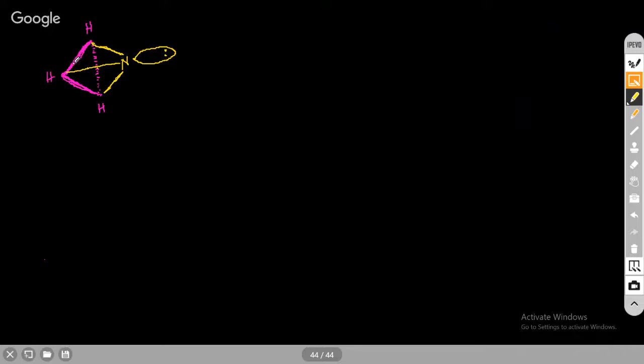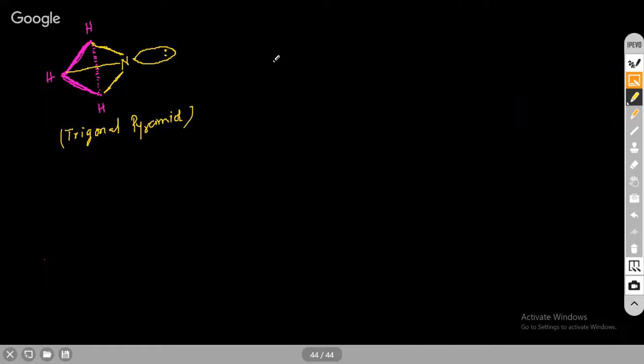Nitrogen is not in the same plane as this triangle. So when you imagine this, we have a triangle, and in the upper plane of this triangle the nitrogen is present. So this looks like a pyramid, right? This is a pyramid with triangular base. That's why we are calling it trigonal pyramidal, or simply pyramidal. Why trigonal? Because the base is a triangle, correct?